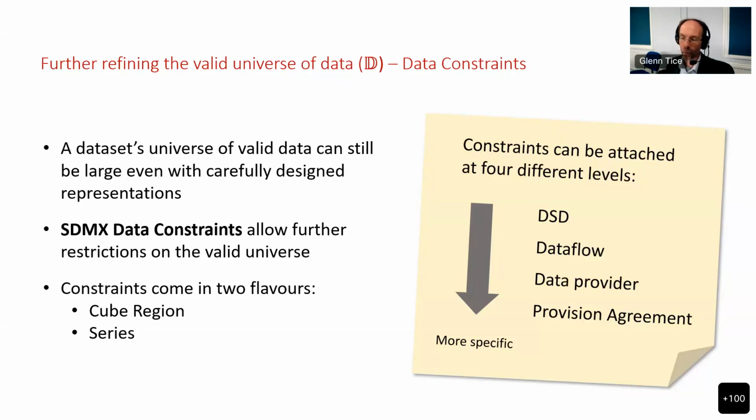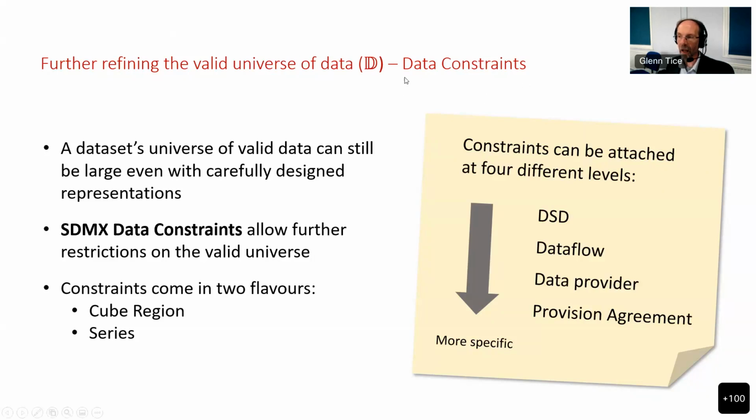So how can we do that? Well, SDMX and FMR provide this option called constraints. It's sometimes called reporting constraints, and in SDMX 3 there are actually two types of constraints. One is called data constraints, which is what we're going to talk about today, and there's another type of constraint concerning reference metadata called a metadata constraint.